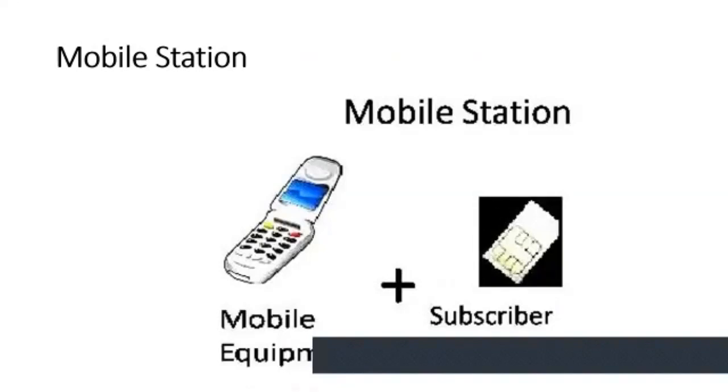Actually, the mobile station comprises all the users' equipment and software needed for communication within a mobile network. The term refers to the global system connected to the mobile network, that is, the mobile phone or mobile computer connected using a mobile broadband adapter.